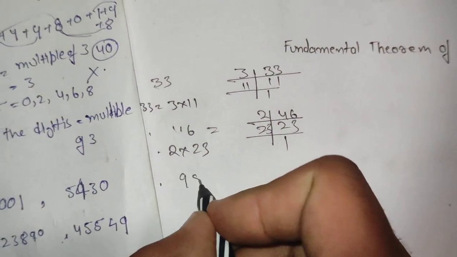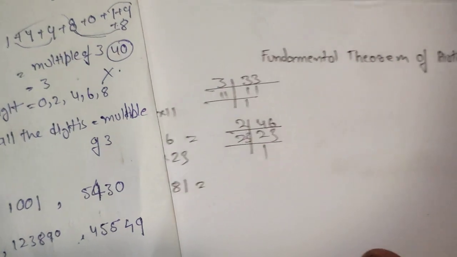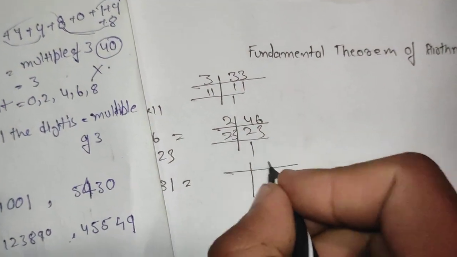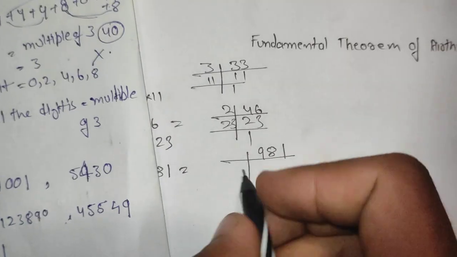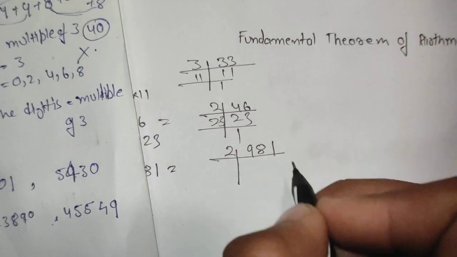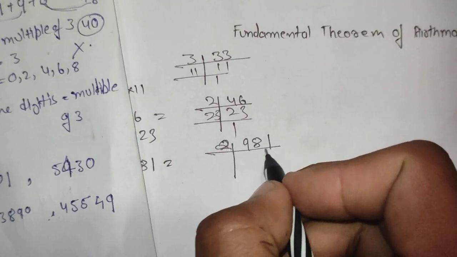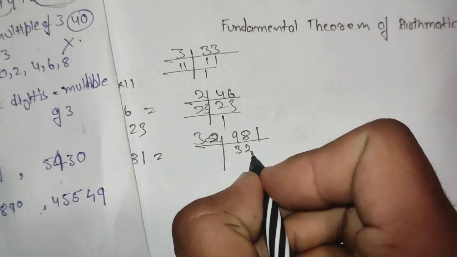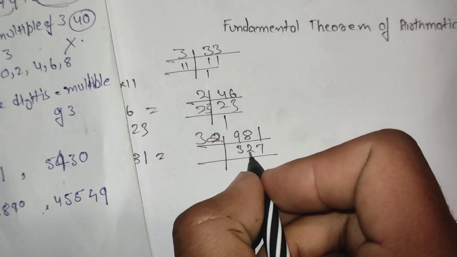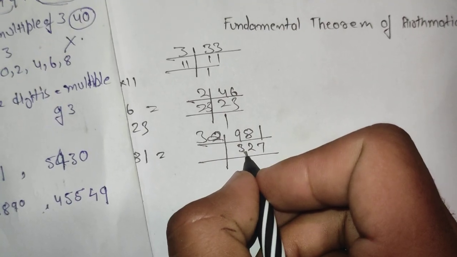And similarly for 981. It is not divisible by 2. Then for 3: 3 nines are 27, 3 threes are 9, 3 times 3 is 9, 3 times 2 is 6, 3 times 7 is 21, so 981 divided by 3 is 327.